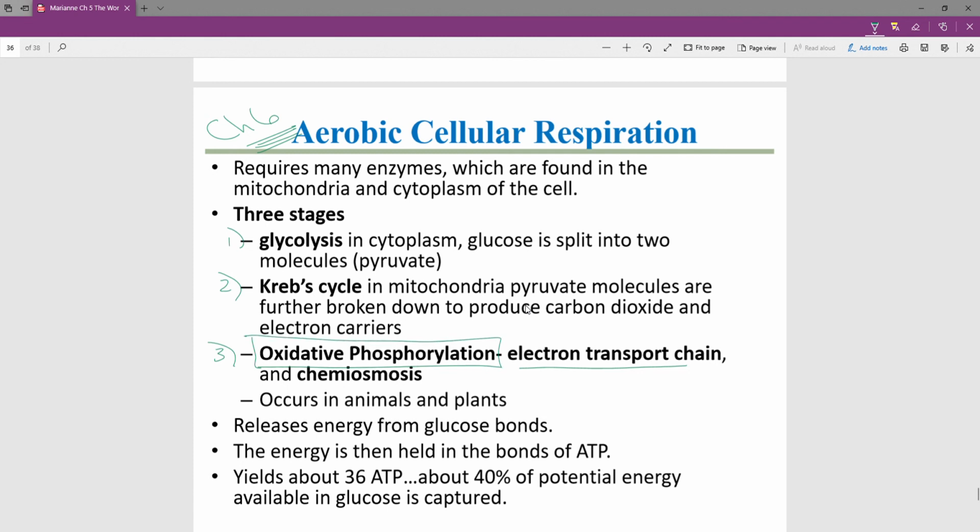Oxidative phosphorylation has the electron transport chain, but it also has chemiosmosis, and chemiosmosis is where you make the bulk of the ATP, or the bulk of the energy, in cellular respiration. So it is important to get that third stage, oxidative phosphorylation, planted properly. There are a few little notes here, but that's really just to give you a preview of chapter 6 as we finish up chapter 5.